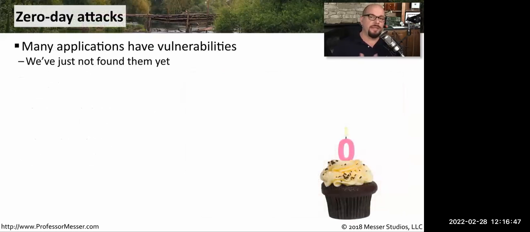Our operating systems and the applications that we use on these operating systems are very complex. And undoubtedly, there are vulnerabilities that exist in those applications and in that operating system that we simply haven't found yet. Of course, there are researchers all over the world that are trying to find every possible vulnerability they can for every operating system and every application that may be out there.